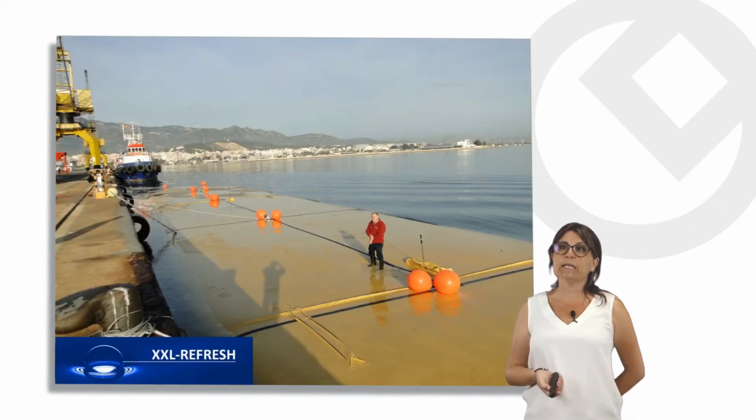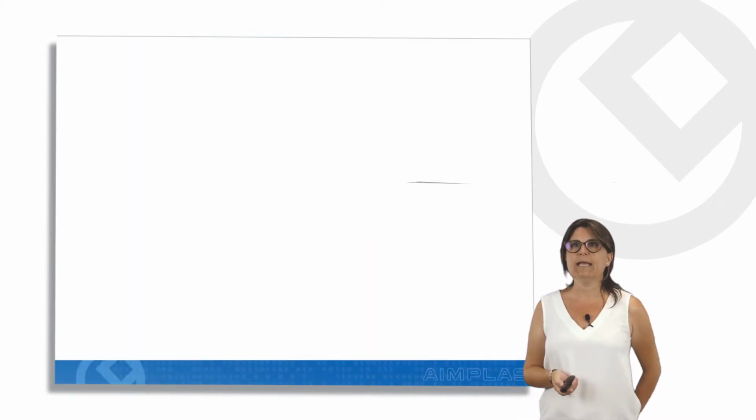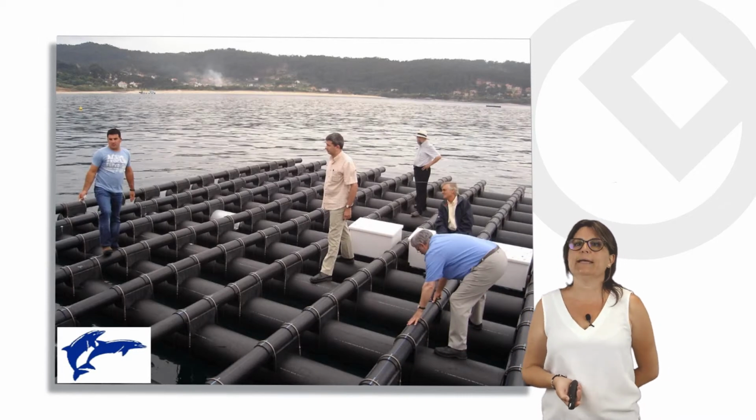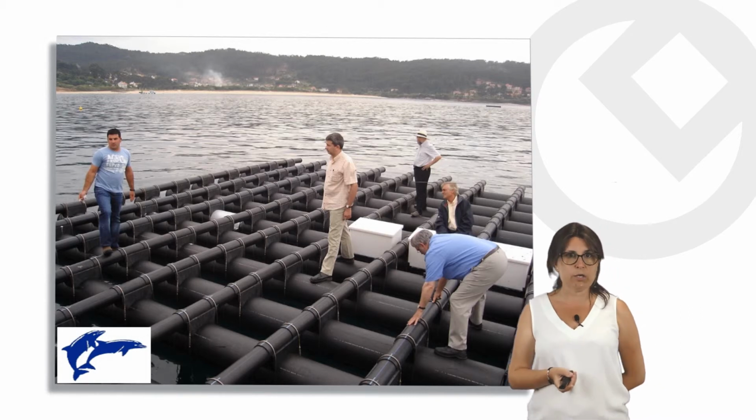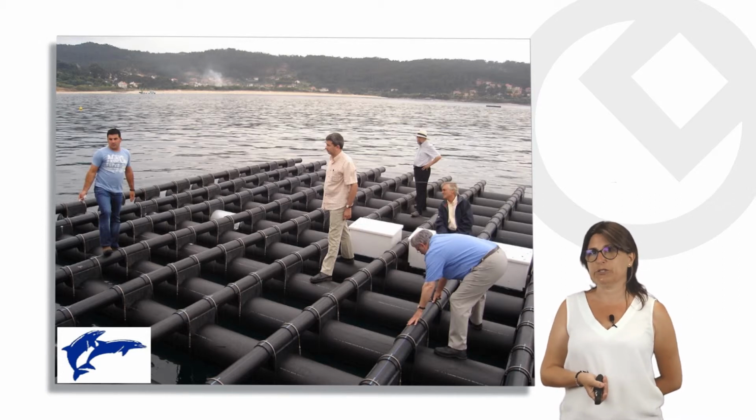To design new big containers to transport drinking water in the Refresh project. In the last example, the idea was to use a recycled material to replace structural wood in the aquaculture sector inside the Dolphin project. And now my colleague, Amparo Verdú, will continue with the presentation to show you different extrusion technologies.